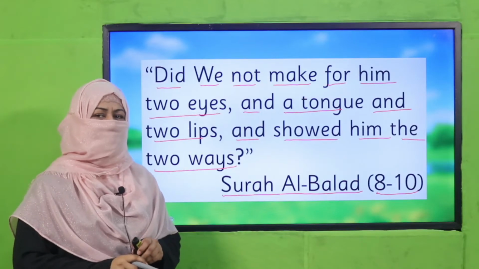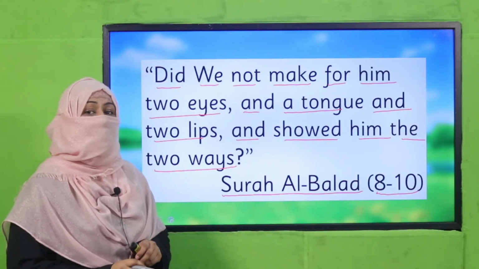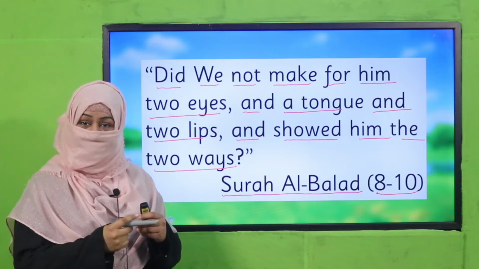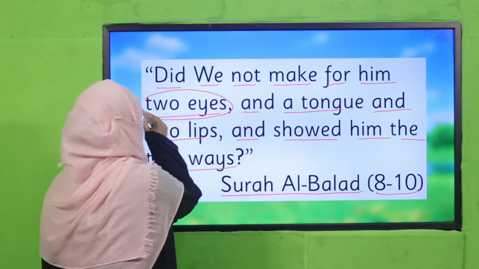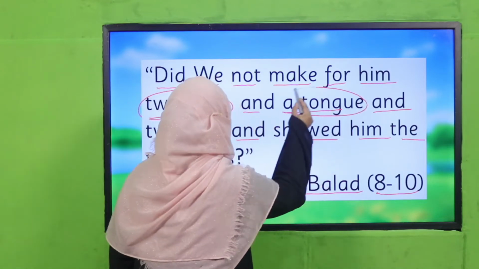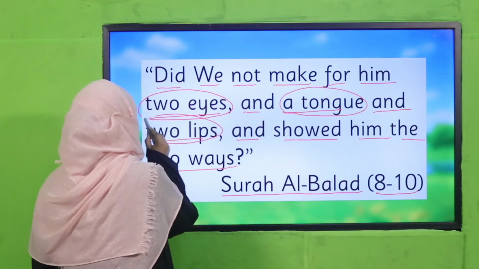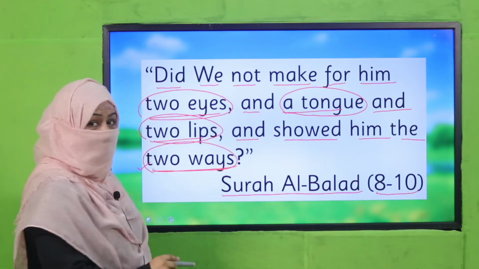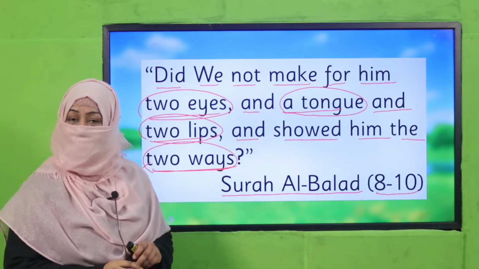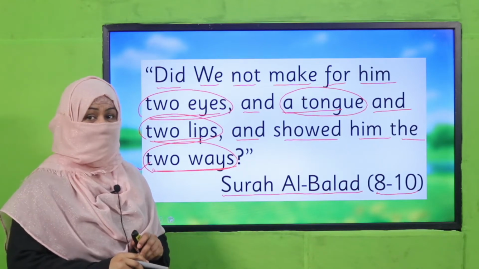These beautiful verses are telling us Allah is describing us, our faith. Allah has given us 2 eyes, alhamdulillah, a tongue, alhamdulillah, 2 lips, alhamdulillah, and 2 ways. One is a right way, which will take us to Jannah, inshallah, and the other is a wrong way.